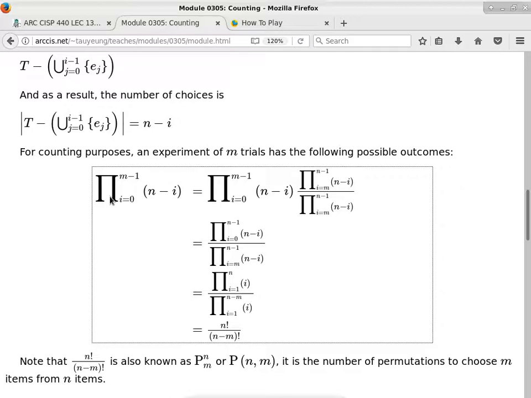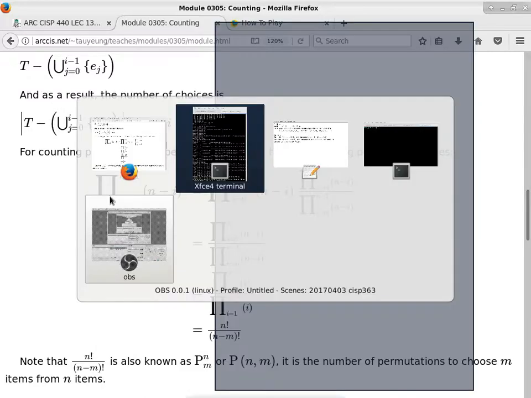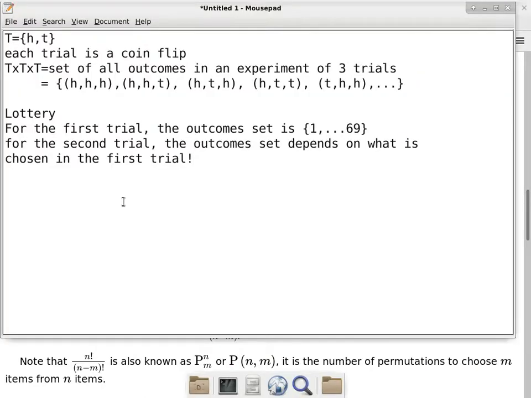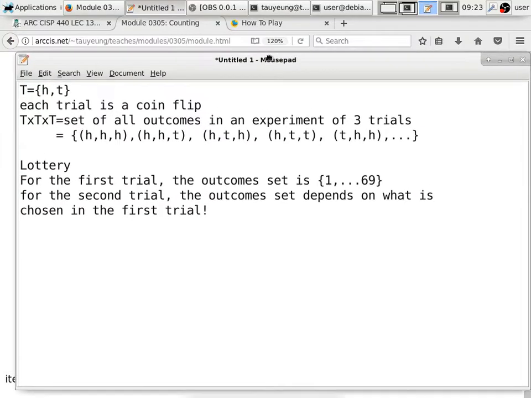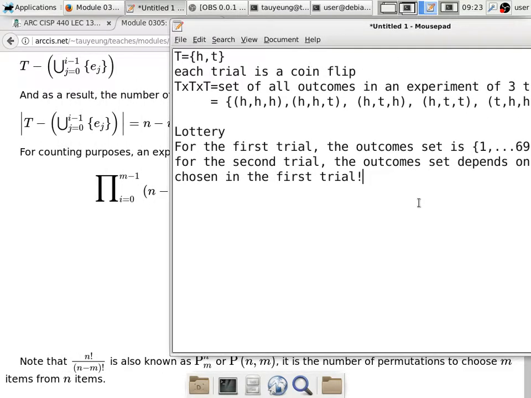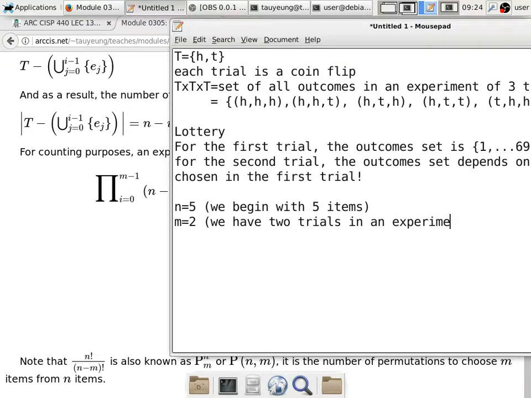More or less? Okay, it might be helpful to use actual numbers. We'll use some smaller numbers so it's more visible. Let's say n equals 5, which means we begin with 5 items. And we'll make m equal to 2, which means we have 2 trials in an experiment.